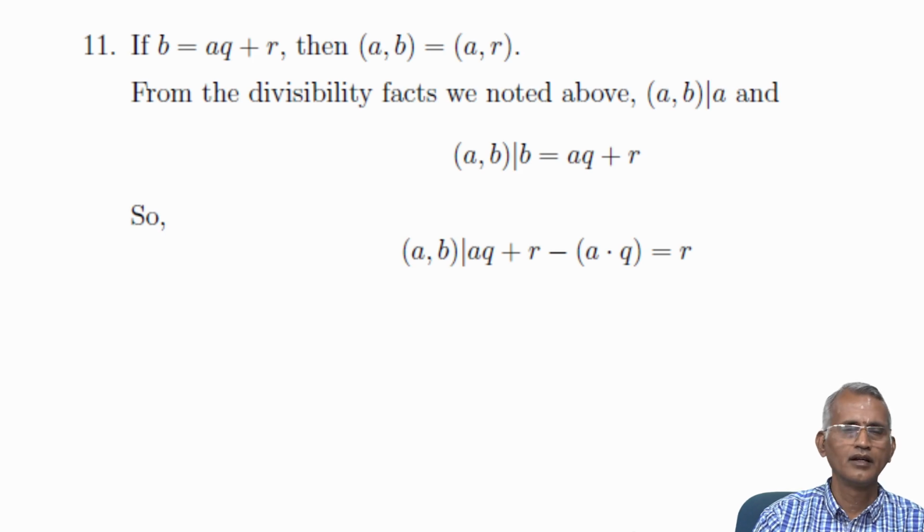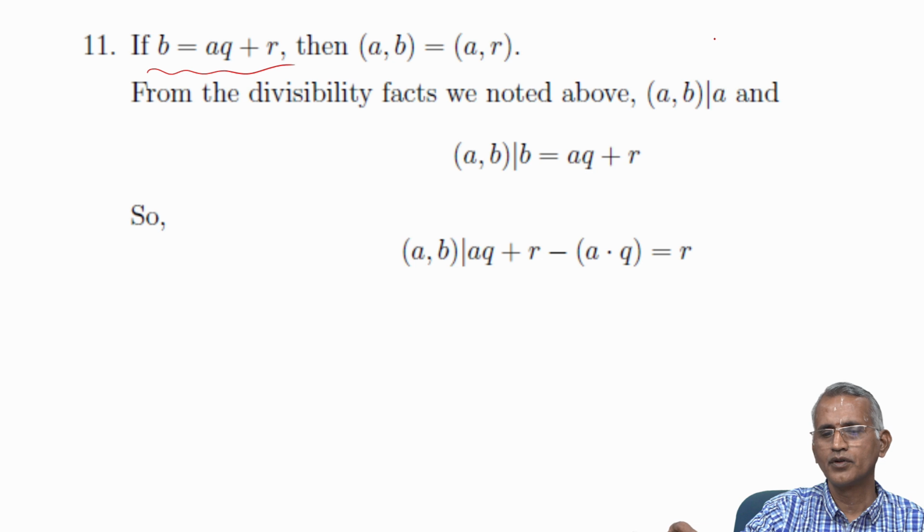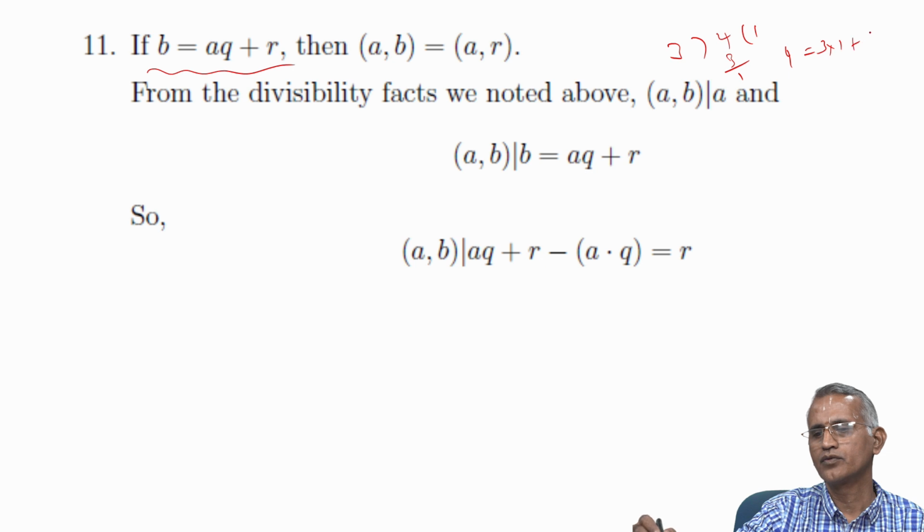Further, in the division algorithm, B is equal to AQ plus R, right, and the GCD of A comma B is equal to the GCD of A comma R. Suppose 4 divided by 3, then 1 times 3, the remainder is 1, then 4 can be written as 3 into 1 plus 1, right.